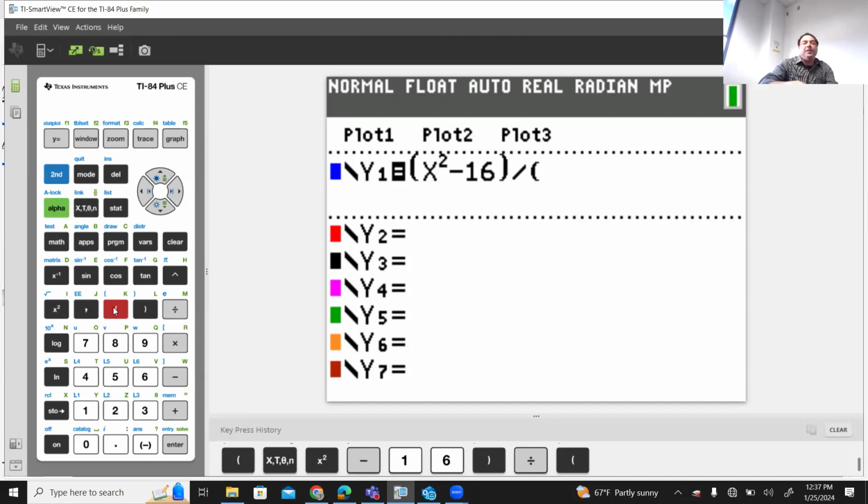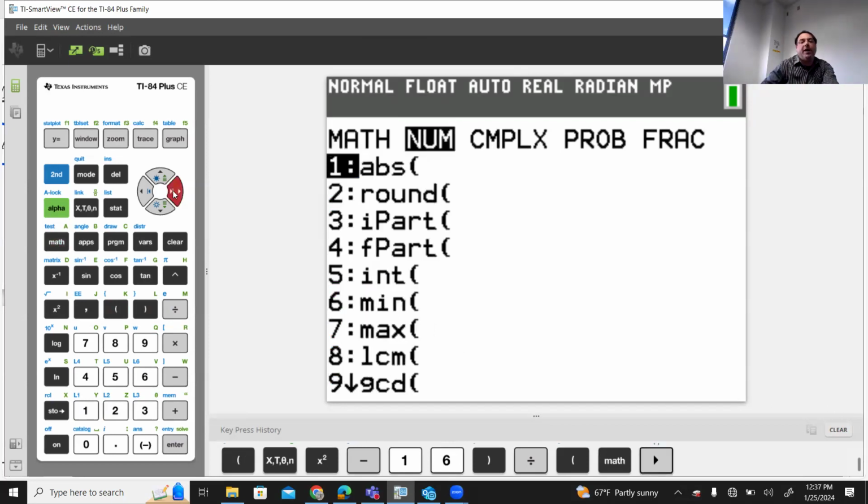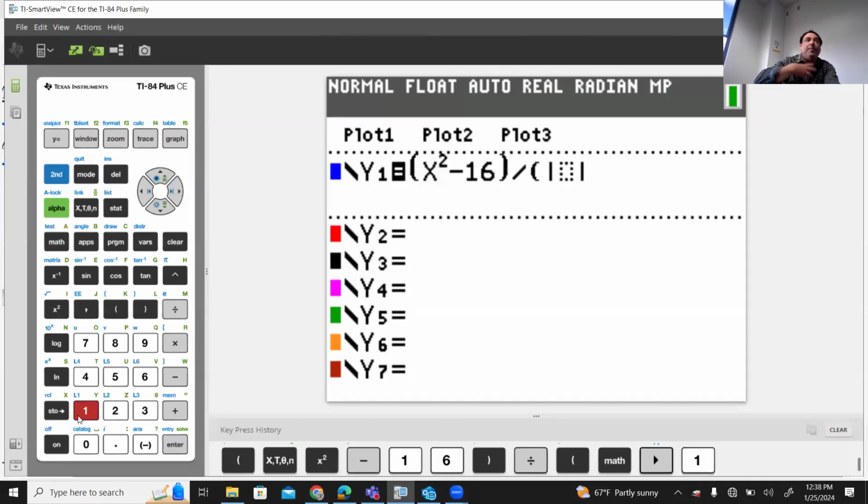Where's the absolute value? You press math, to the right for number, choose number 1 for abs, and for me, inside, I'm going to put x minus 4.